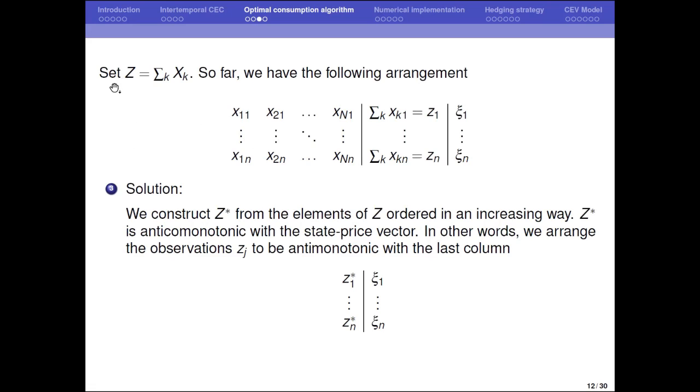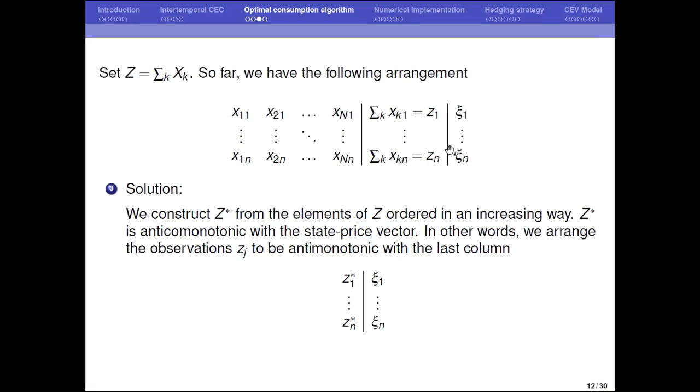As I already mentioned, I can compute from here the sum of x k, and to have this arrangement. In every row, I have an x random vector with n observations, and for each one I have the sum.